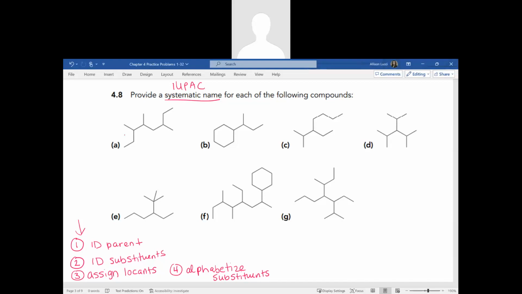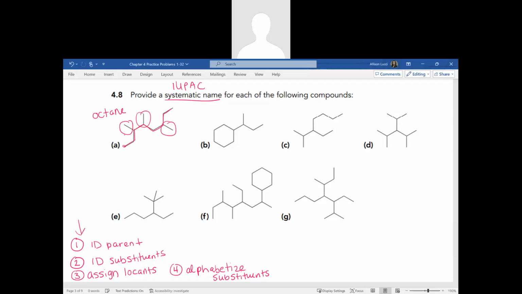So let's take a look at compound A. And we start over here, 1, 2, 3, 4, 5, 6. Now, if I went down, I would only have 7 carbons. But if I went up, I'm going to have my octane parent. So that's step 1. Step 2, identify substituents.